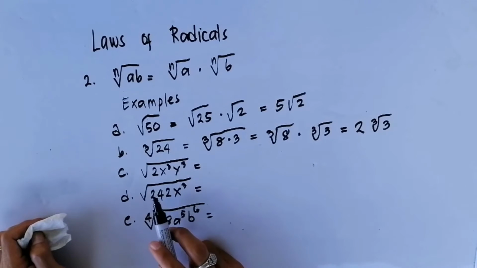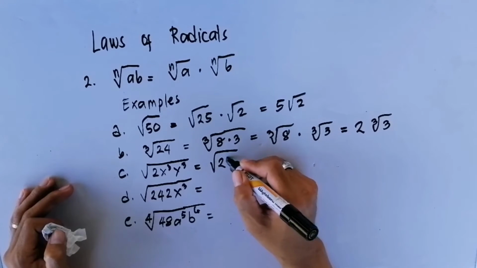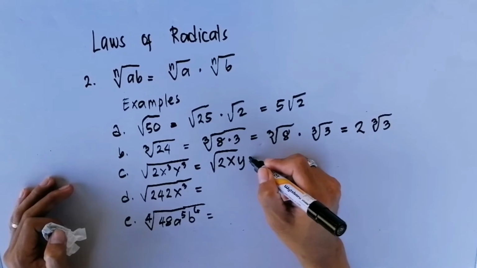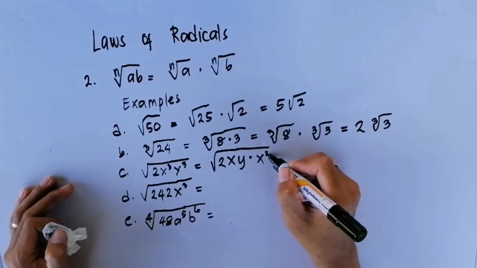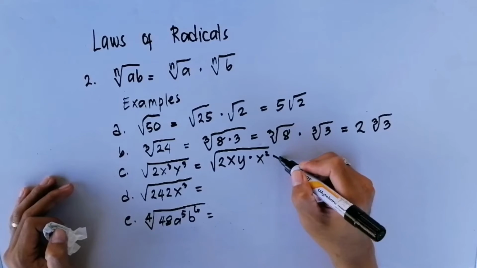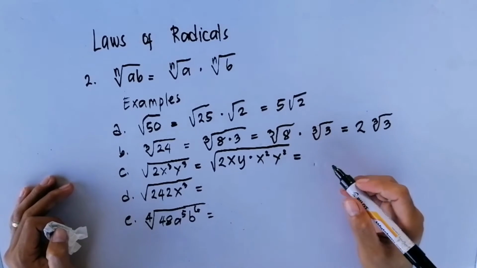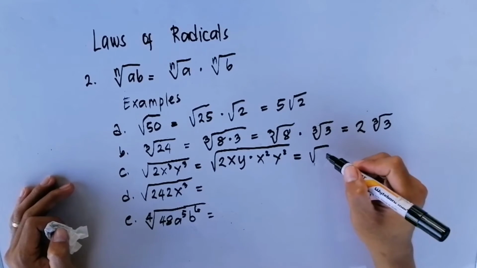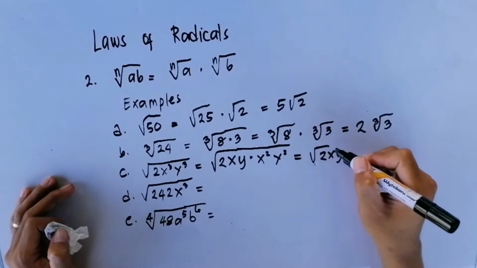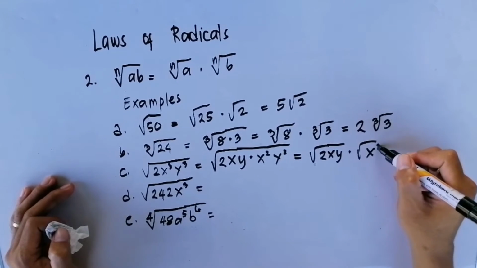For C, we have the square root of 2x cubed y cubed, which is 2xy times x squared y squared, or that is the square root of 2xy times the square root of x squared y squared.